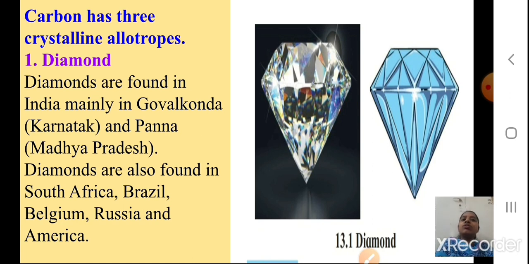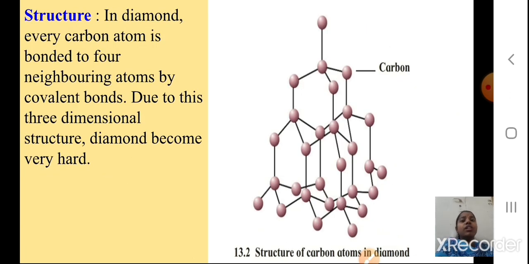This is the structure of the diamond. You have seen this picture of the diamond before also. Now what is the structure exactly? In diamond, every carbon atom is bonded to 4 neighboring atoms by covalent bonds. You know, students, covalent bonds are formed by the sharing of electrons.